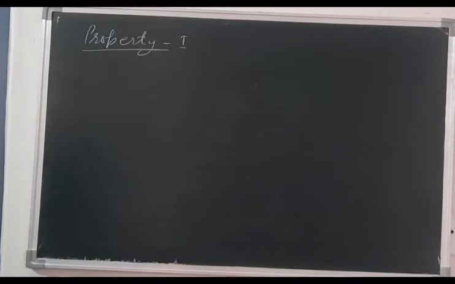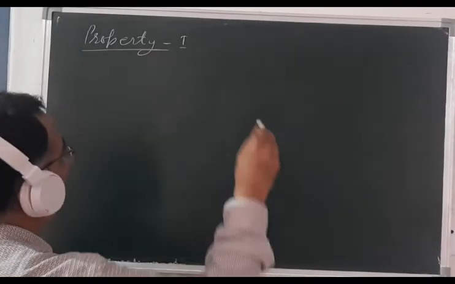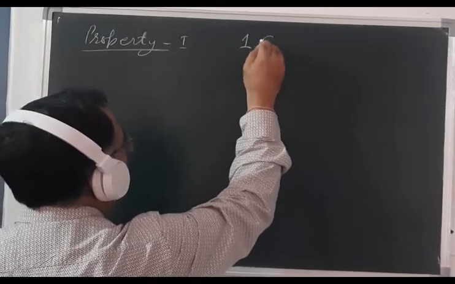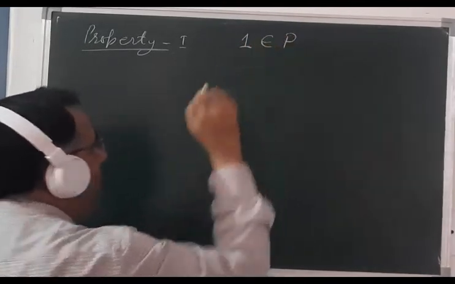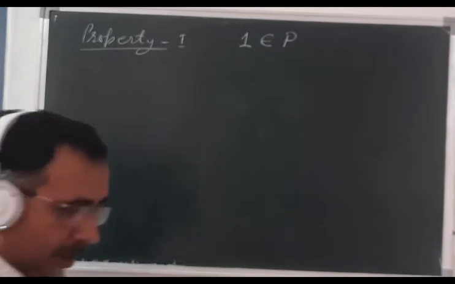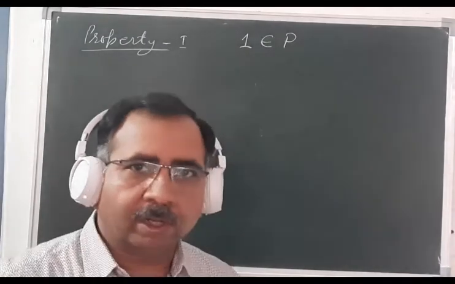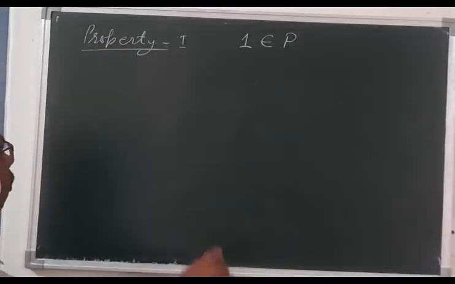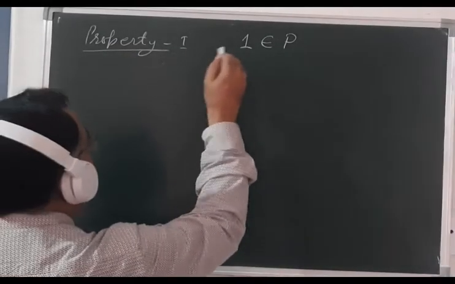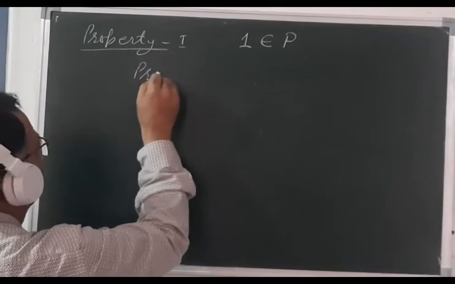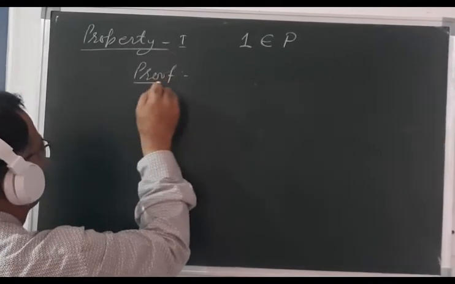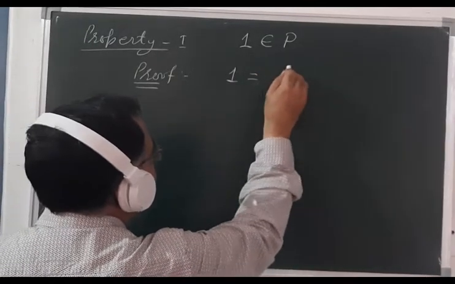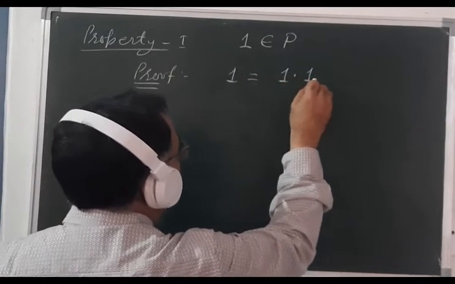Property 1. My claim is 1 belongs to P. The multiplicative identity 1 belongs to P. So why does 1 belong to P? Proof. We know that 1 can be written as 1 into 1.